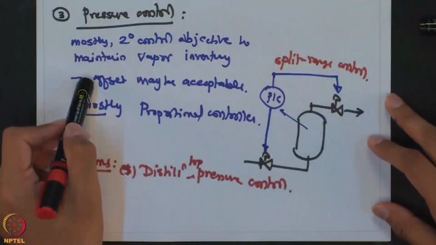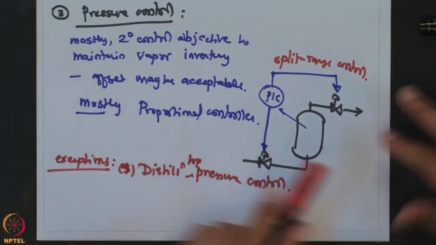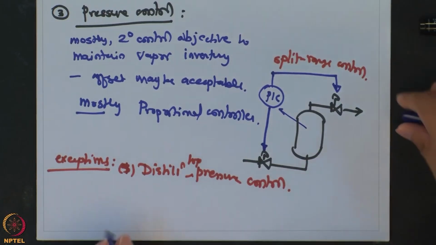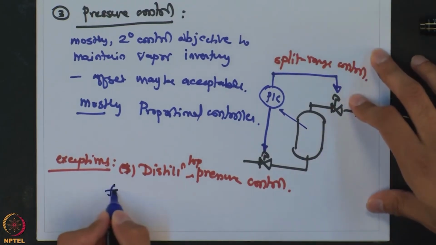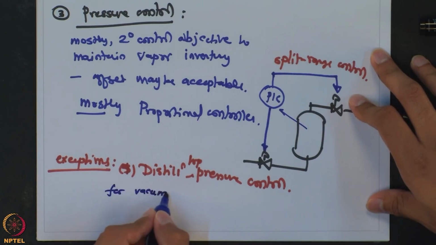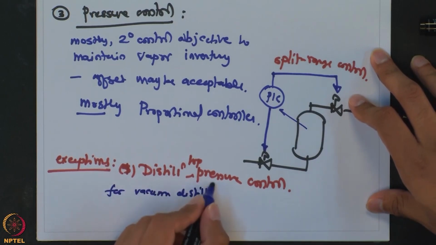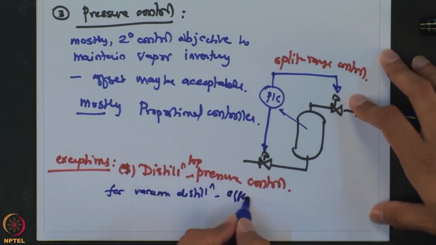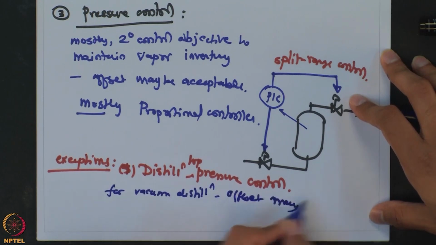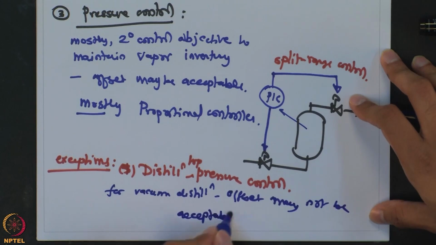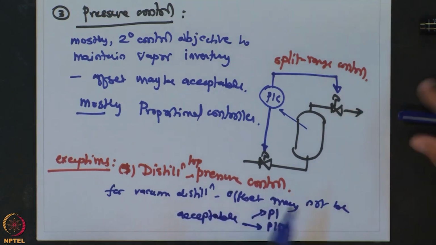In that case, even a small offset may change the performance of the column, so offset may not be acceptable in vacuum distillation. That means we have to either use PI or PID control.